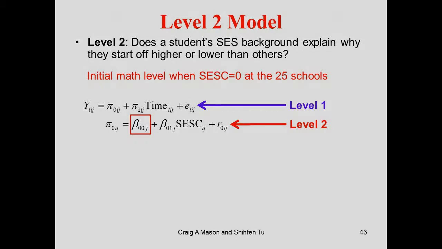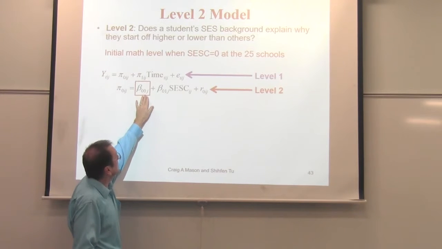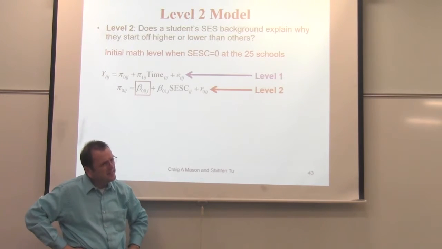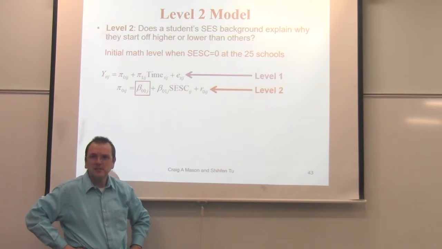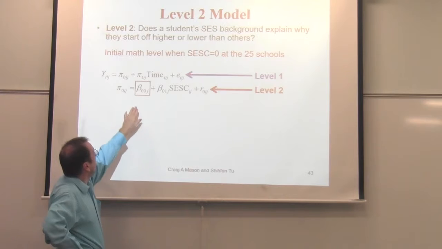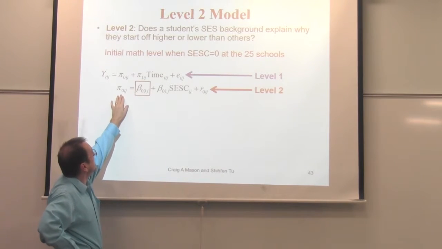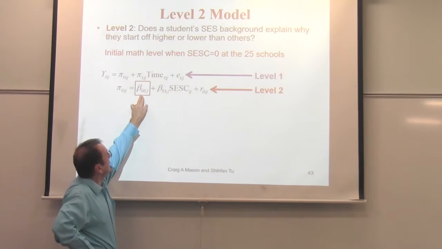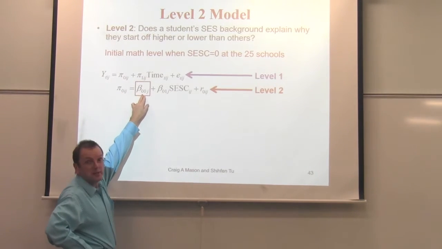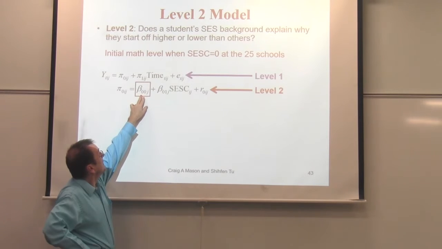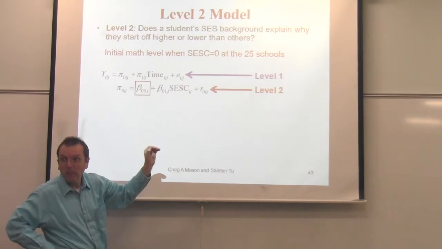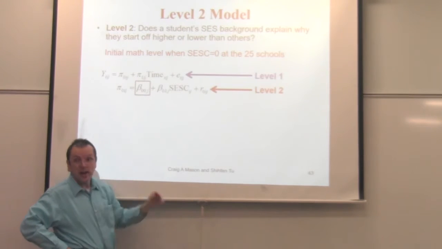Beta 00j. This is where the notation gets a little crazy, and it's not on the test. Why is it 00j? Well, we're predicting pi 0, so we're predicting the intercept 0. This is the intercept for the intercept at school j.